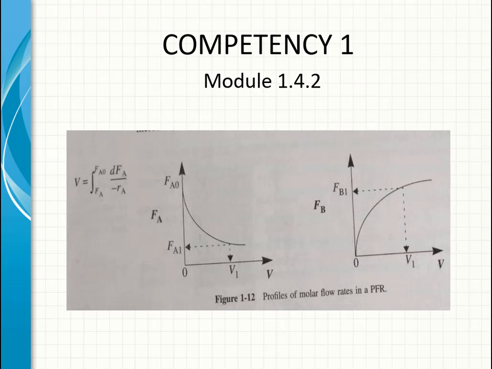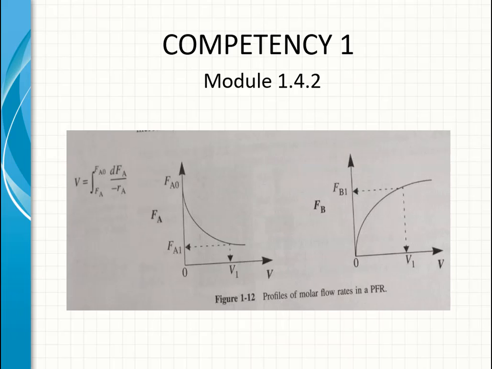So here we have the two plots. At the left, we see that the reactants enter with FA0, which decreases with the volume they go through in the reactor, and at a volume V1, we will have a molar flow rate FA1 for the reactants.